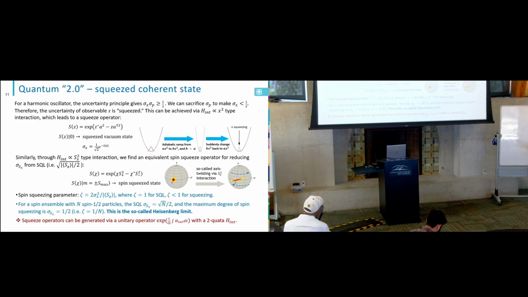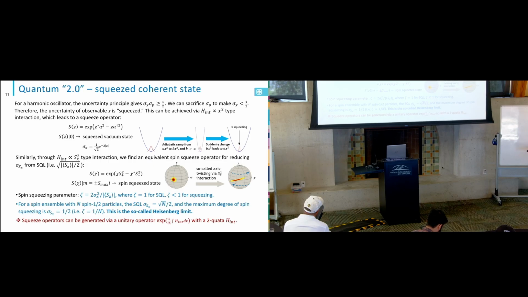But if we use spin squeezing, sigma x can get very small. And actually, the smallest number is just a single spin particle uncertainty, which is 1/2. For that, you will see this zeta, the spin squeezing parameter, is equal to 1/n. And this is the so-called Heisenberg limit.